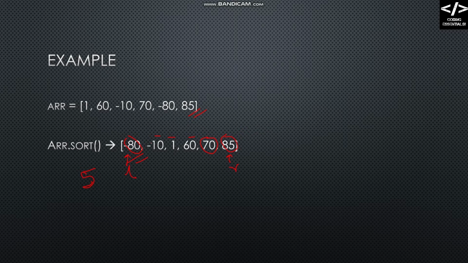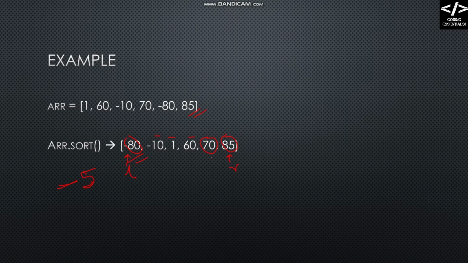So minus 80, then minus 70 or minus 60, any of those elements, if you do the sum with 85, will always be greater than 5. So we need the minimum sum. So when the value is positive, we are decrementing the right index. Now the same case goes for incrementing the left index.